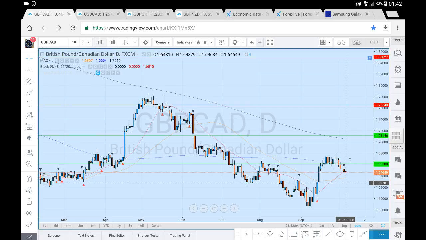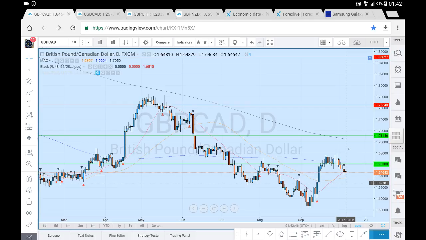We could go back up and test this 200 period moving average and the 66.10 level before breaking out to the upside. Usually when I see two large moving averages like this, the 200 period moving average and one quite a bit bigger than that, when prices come down and those moving averages get closer and closer to a point, what usually happens is price breaks out to the upside and continues to the upside when the two moving averages diverge on one another.